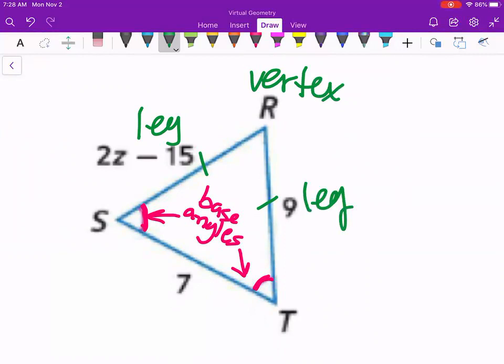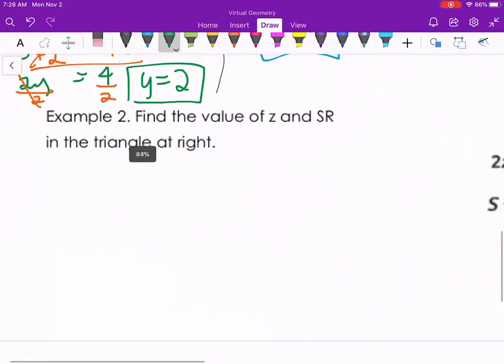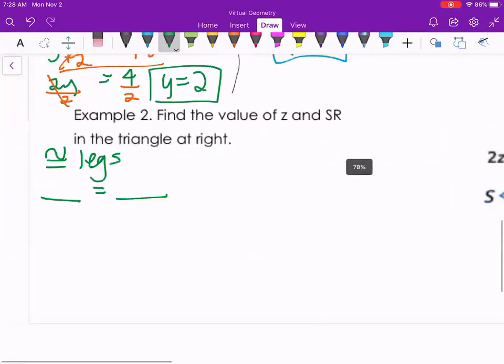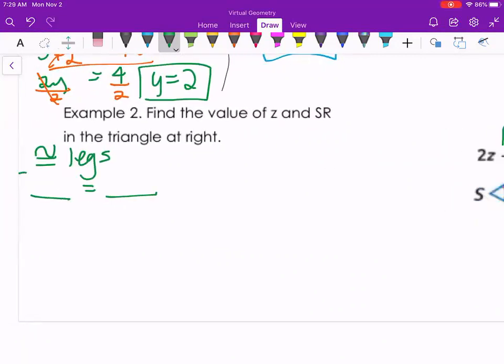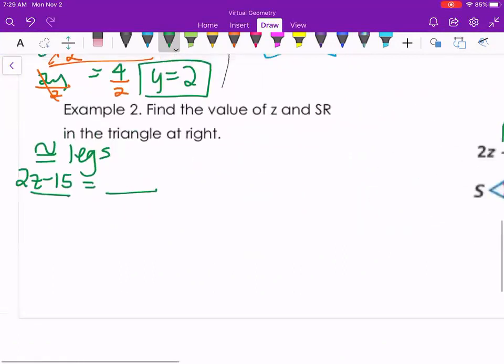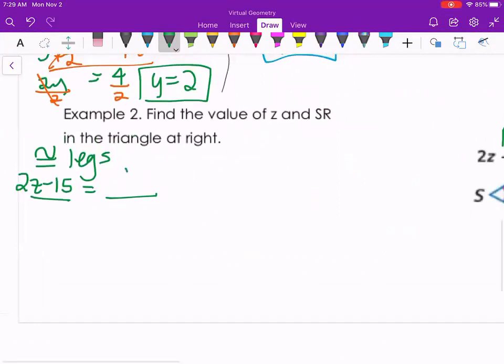So the rule says the legs have to be equal. So let's solve for the legs. So one leg will equal the other. So we have 2z minus 15. And my other leg is 9. And I can solve for this.